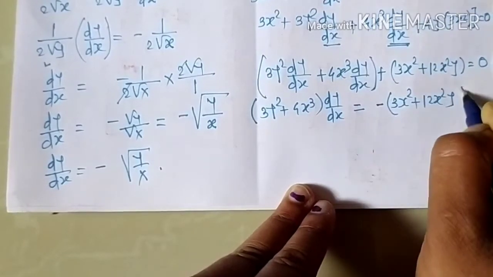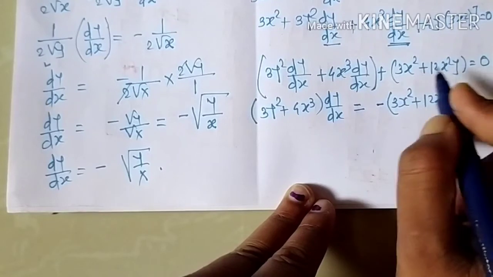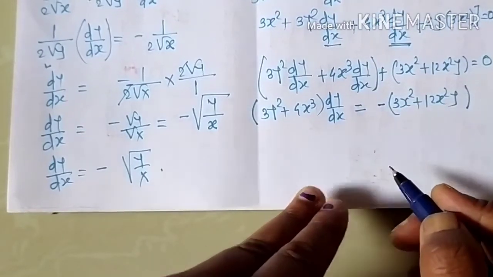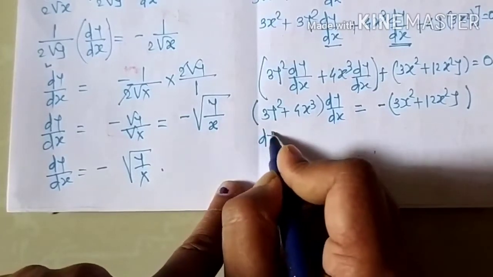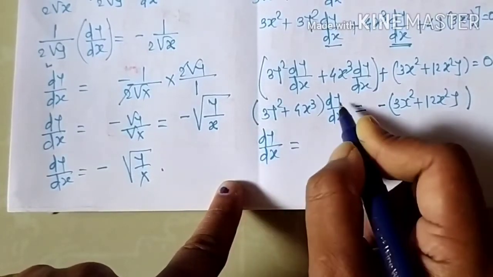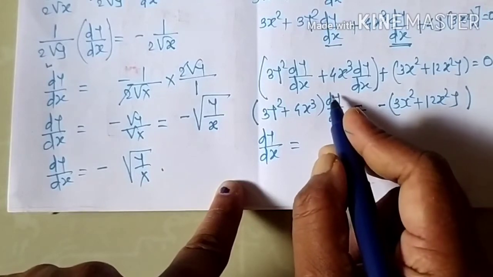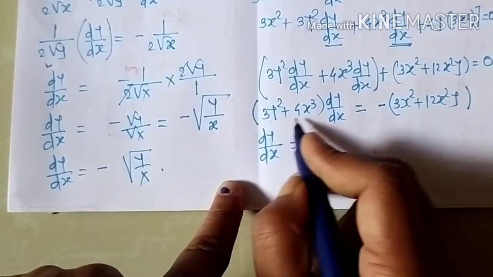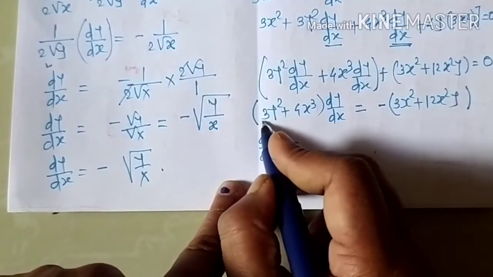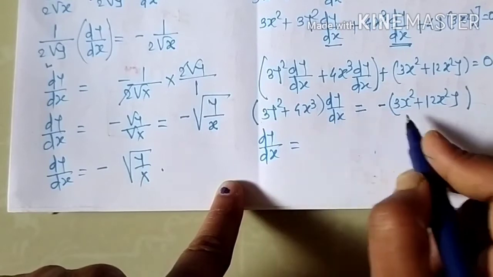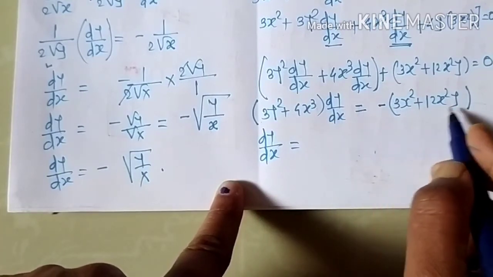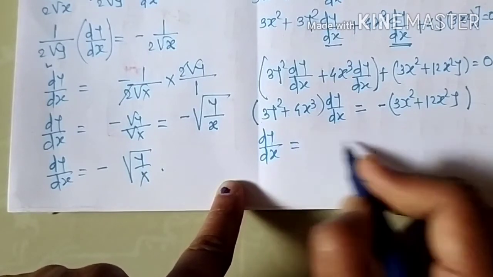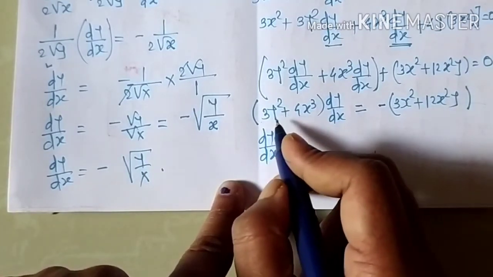We take the minus sign outside from the whole term. Therefore dy by dx is equal to, in order to find dy by dx we need the coefficient of dy by dx to be 1, so we divide the whole equation by this term: here 3y square plus 4x cube gets cancelled, and on the right it is divided by 3y square plus 4x cube. Transferring this term, it is multiplicative here, and when we transfer it to the right-hand side it is divided.